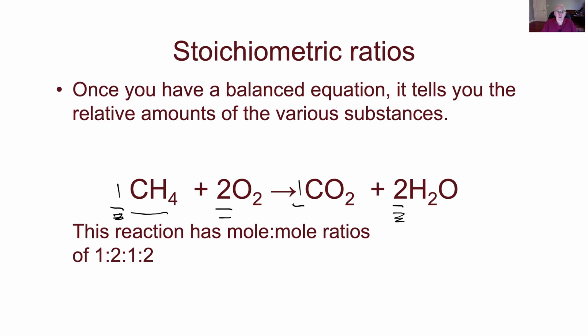So the coefficients that balance the equation are where these mole ratios come from. And those mole ratios are the things that essentially work like conversion factors to get us from how much of one substance is in the reaction to how much of a different substance is in the reaction, right? Over the course of this video, I'll do a couple of examples in slightly different ways that will explain what we do with these ratios.